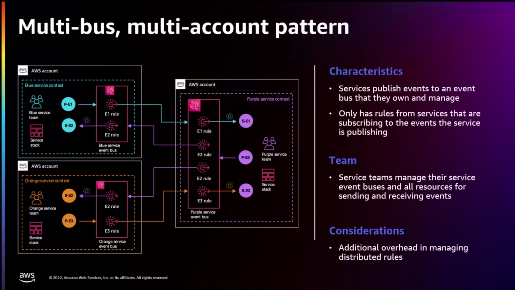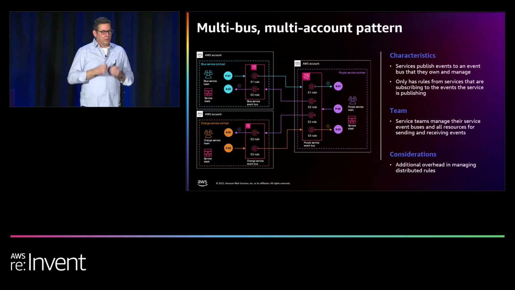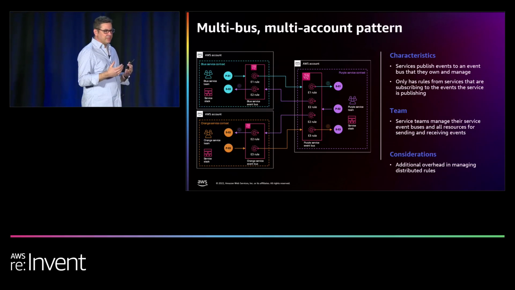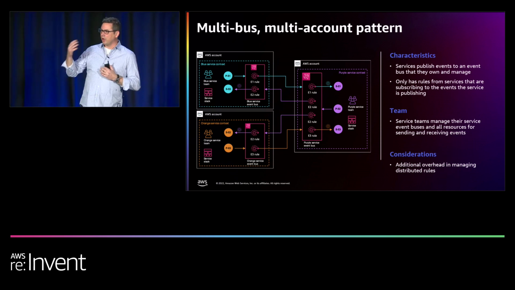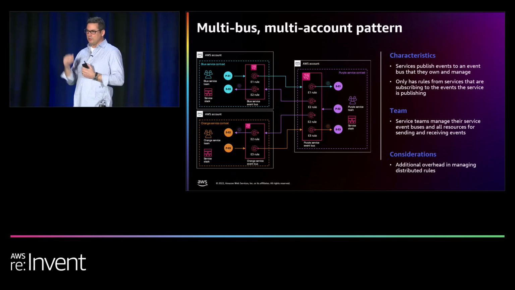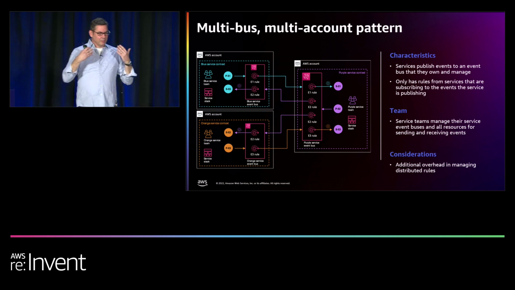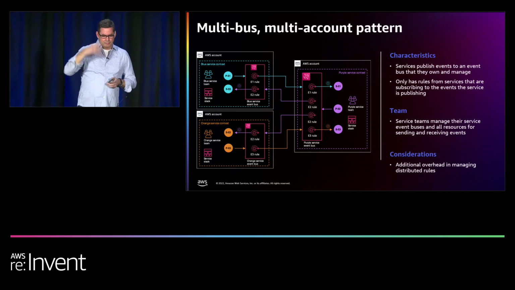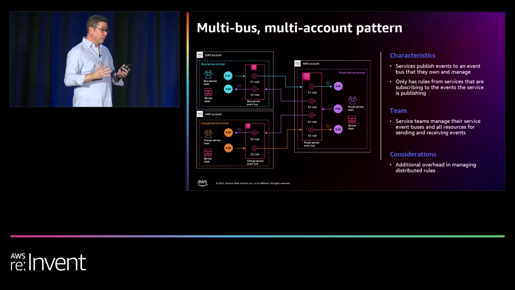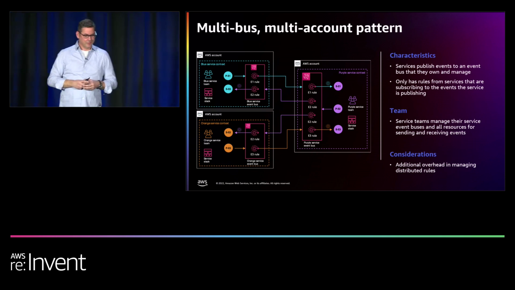The multi-bus, multi-account topology, on the other hand, is characterized by services publishing events to an event bus that they own as part of their own application stack. And the only rules that they have on those event buses are the rules that subscribers who are interested in receiving or consuming those events put there.